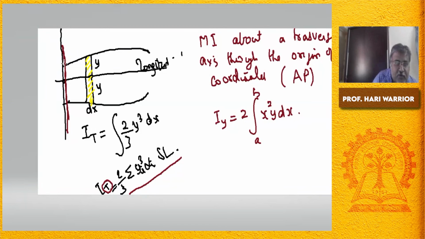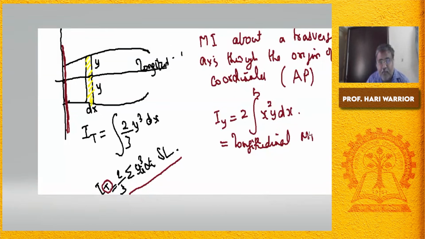So we are taking moments about an axis through the origin, and this is known as the longitudinal moment of inertia, or longitudinal second moment of area about the transverse axis through the origin of coordinates. This is the expression for that.